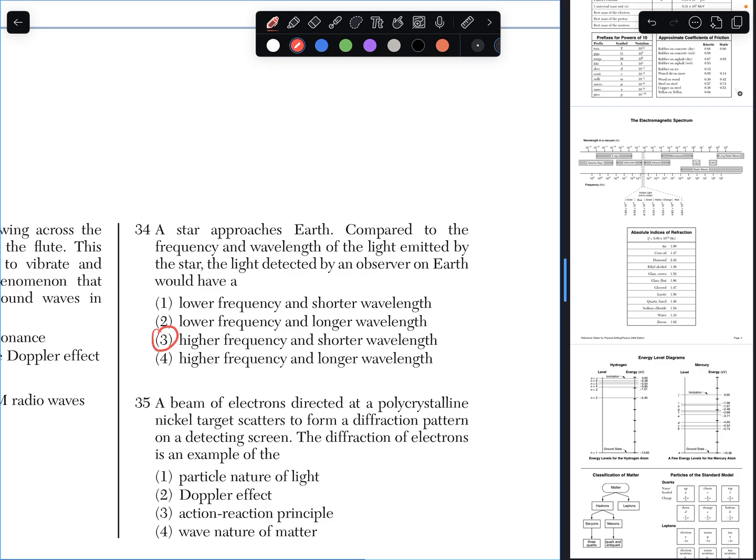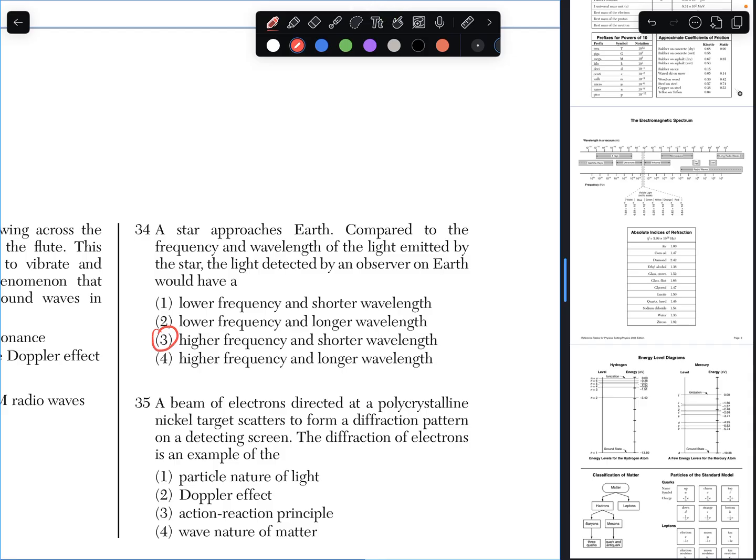The frequency would increase. Oh, this is the Doppler effect. Yeah, this would be the Doppler effect because the star is approaching. So you just have to remember a higher frequency and a shorter wavelength.